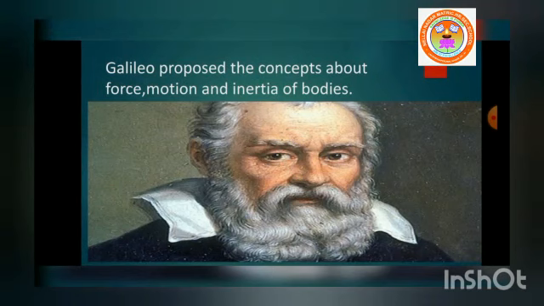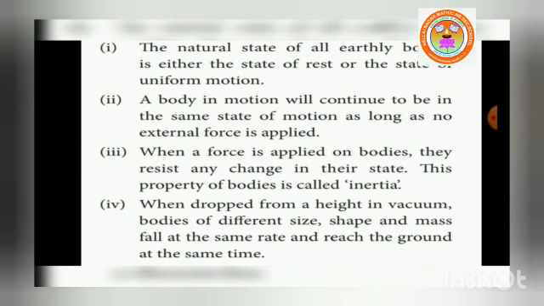Galileo proposed the concept about force, motion, and inertia of bodies. Four important concepts are here. First one, the natural state of all earthly bodies is either the state of rest or the state of uniform motion.